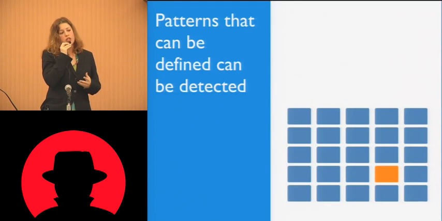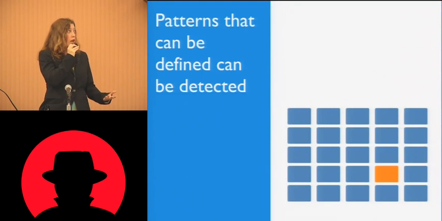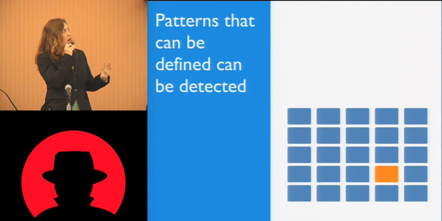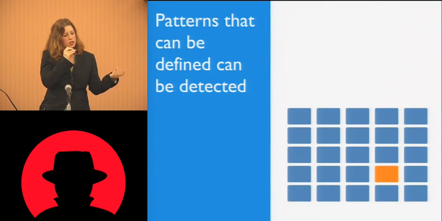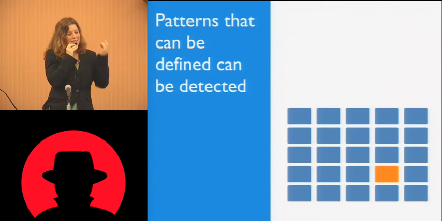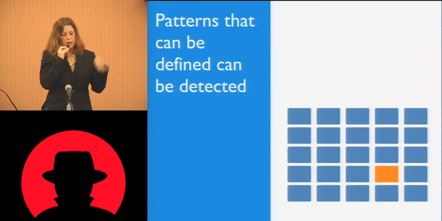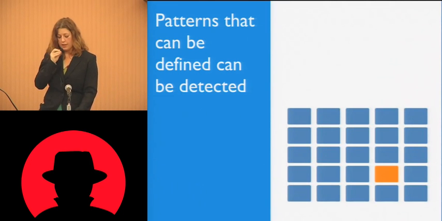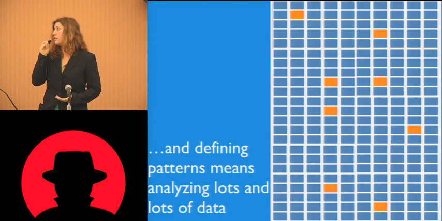Essentially what we find in financial fraud is that patterns can be defined in a number of different ways. You can use heuristics, statistics, machine logic, but ultimately you're going to have data that gives you some kind of evidence that something good or bad happened. And if you can define that pattern, then you can detect it using these different techniques.